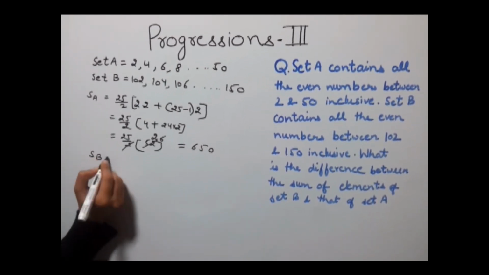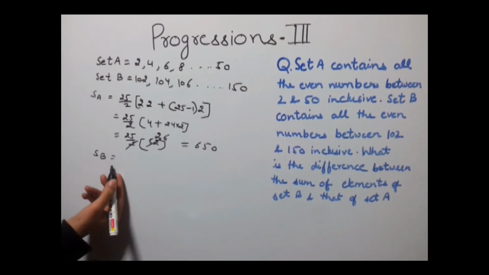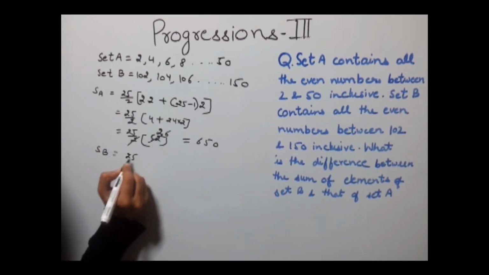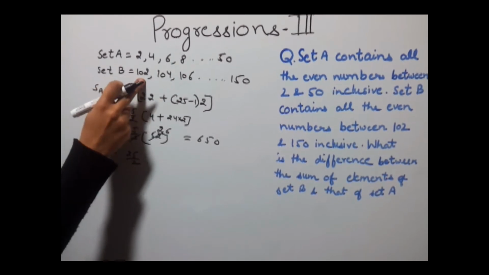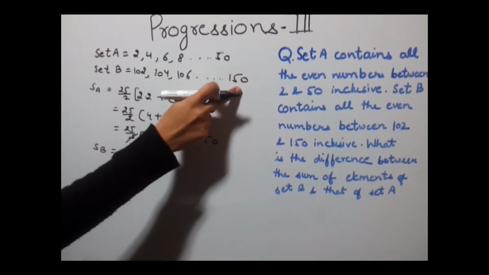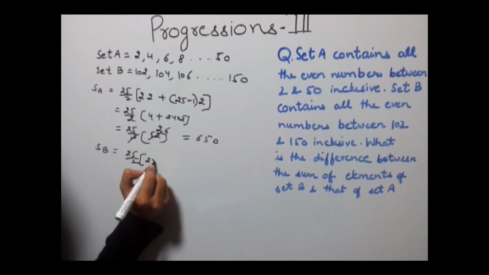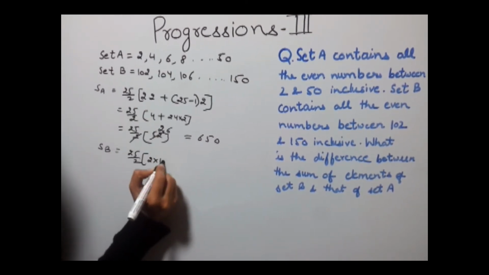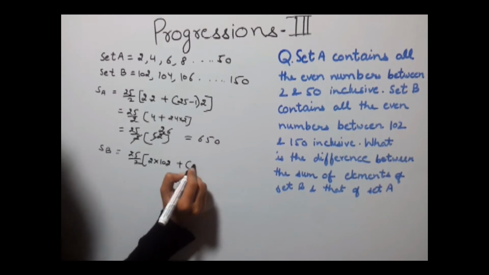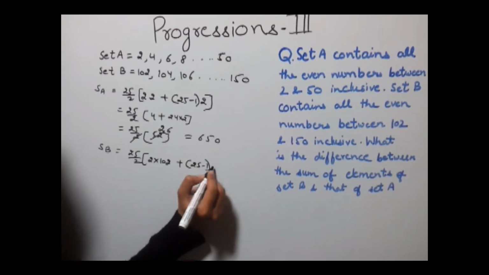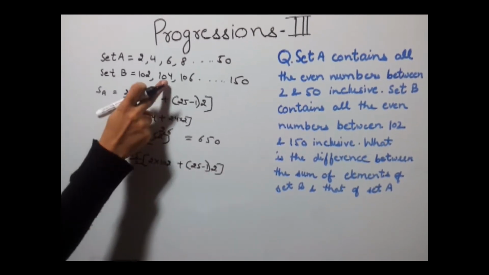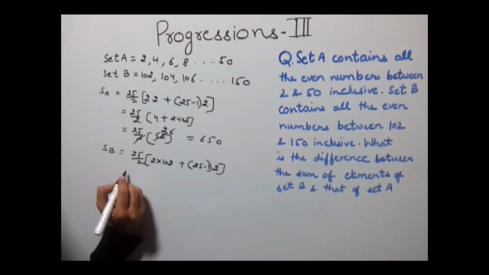Similarly, we will solve this for set B, where again there are 25 terms, so 25 by 2 into (2 into 102 plus (n minus 1), which is 25 minus 1, into d). d is again 104 minus 102, which is 2.